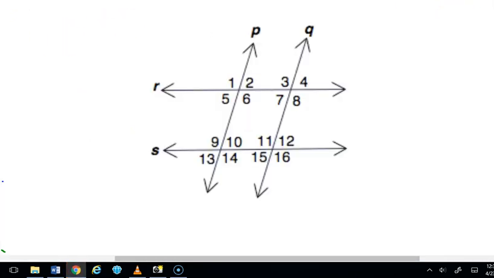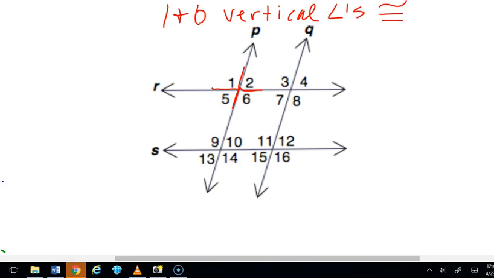So before I answer the next question, I'd like to do a little review on this drawing. I want to ask y'all, what do we call angles 1 and 6? 1 and 6, we call those vertical angles, right? And vertical angles, 1 and 6 are vertical angles, and they're congruent.